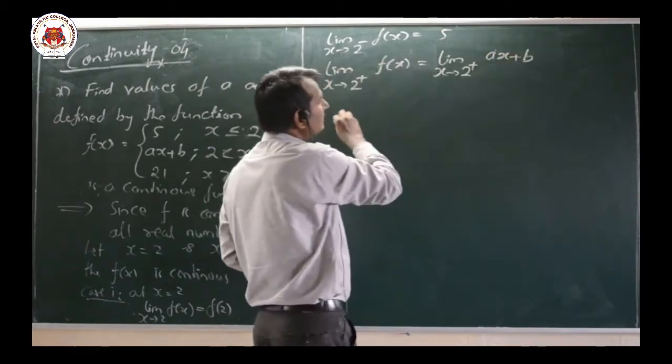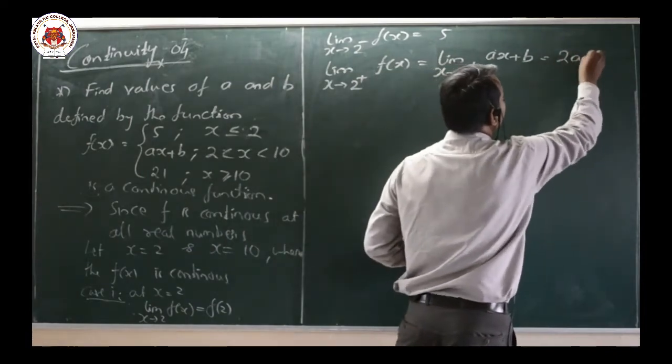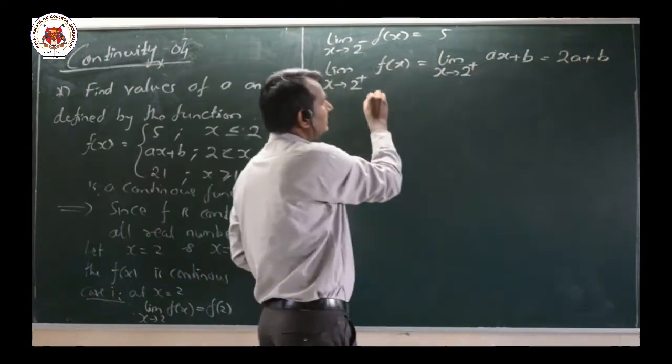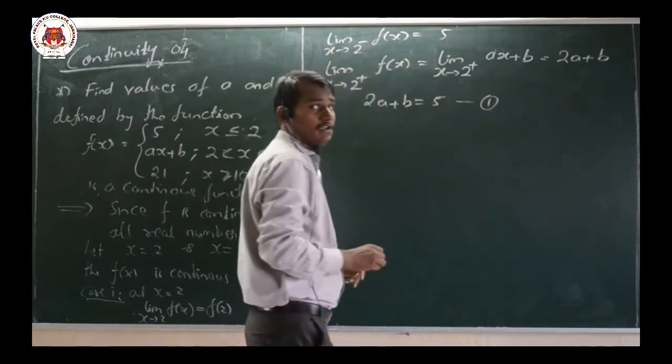If I substitute 2 here, we get 2a plus b equal to 5. Let us take it as equation number 1.